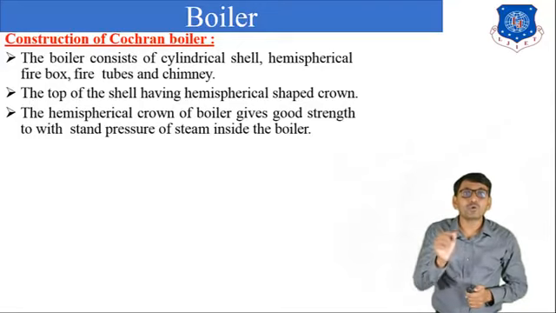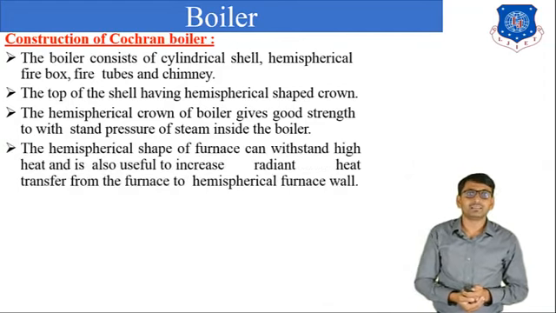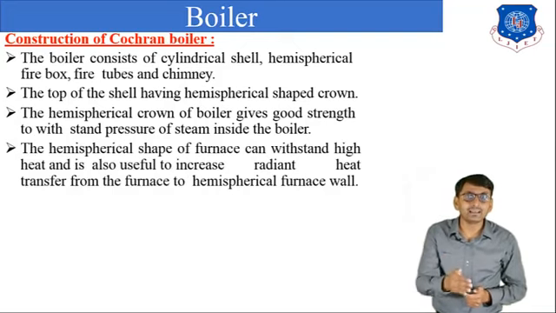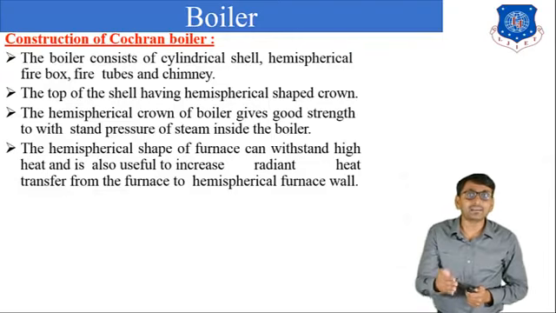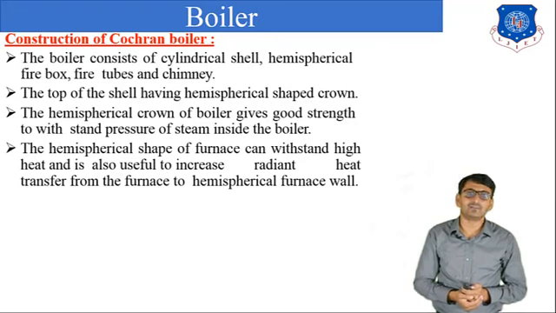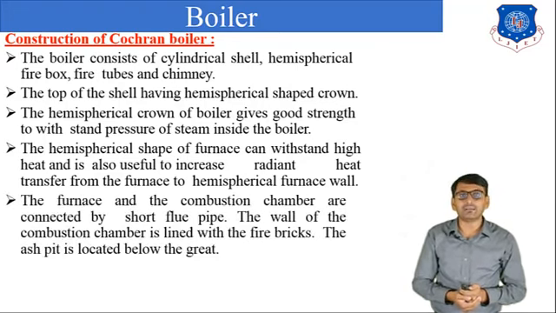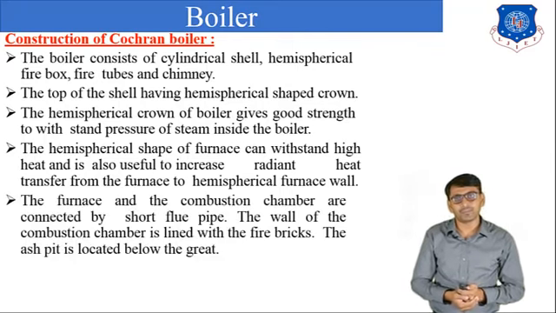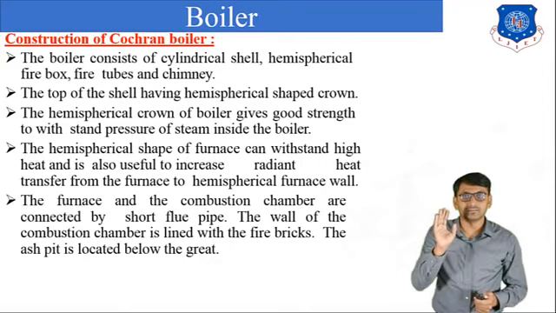Because it gives good strength to withstand steam pressure. Then the hemispherical shape of the furnace can withstand high heat and is also useful to increase radiant heat transfer from the furnace to the hemispherical furnace wall. Then the furnace and combustion chamber are connected by a short flue pipe. So this is about the construction of Cochran boiler.